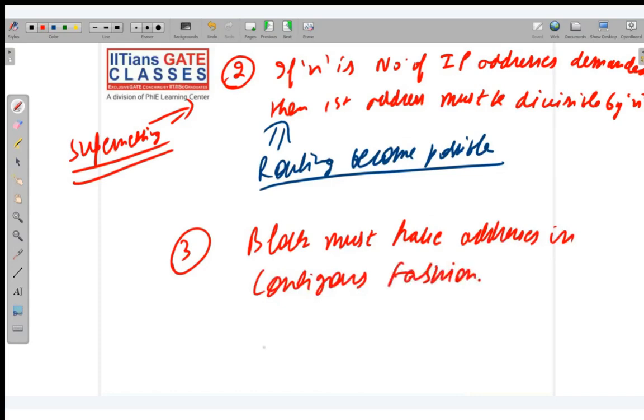This is the third restriction. So in total there are three restrictions, all just like supernetting, and they are very important and have been asked in GATE many times. So simple. The very first is power of 2, second is first address divisible, third is contiguous. That's it. Three very easy restrictions.